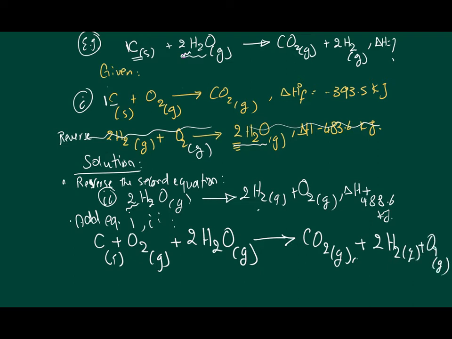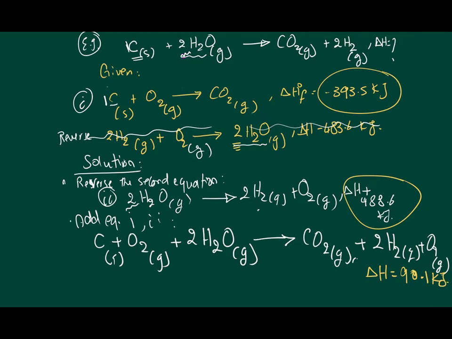And for delta H, you need to add the two values. You are going to add those values to calculate the value of delta H. So the delta H here equals 90.1 kilojoules.